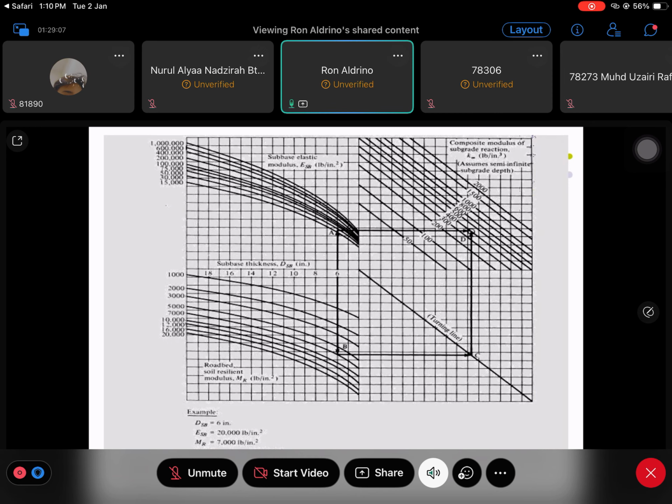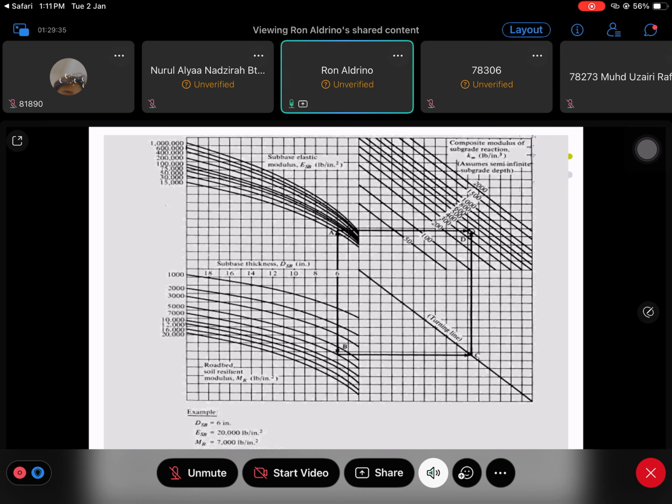So the recommended thickness, the lowest recommended thickness, is about 6 inch. Anything below that, you may have issues in the future, in terms of the design not being according to the standard, or the design cannot sustain the potential traffic load they will apply on the road.